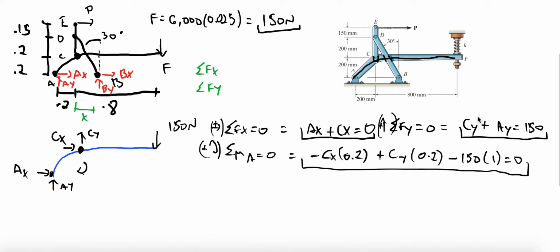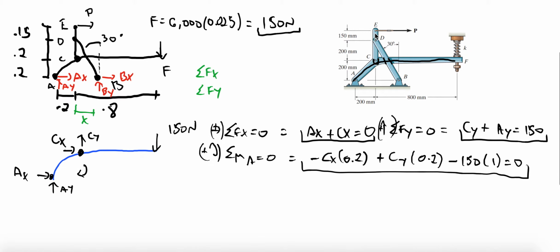The other link that I'm interested in is this link EDC. So link EDC, I guess I'll draw it right here. Let me just keep it in blue for consistency, and I'll put the forces in black. We have the force P, which is our unknown, what we're looking for. Then we have Cx and Cy.